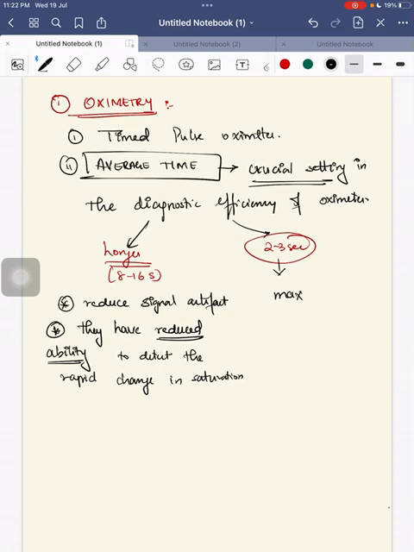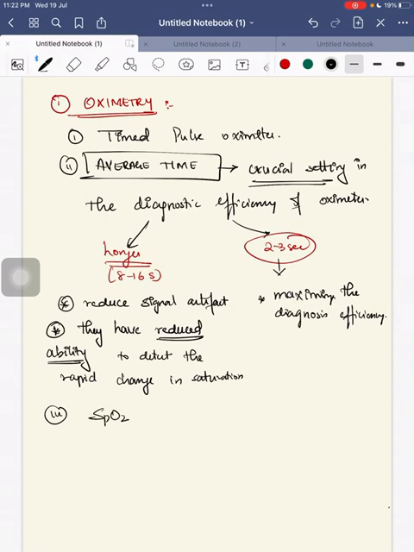So this can maximize the diagnostic efficiency. Okay, this is about the oximetry.